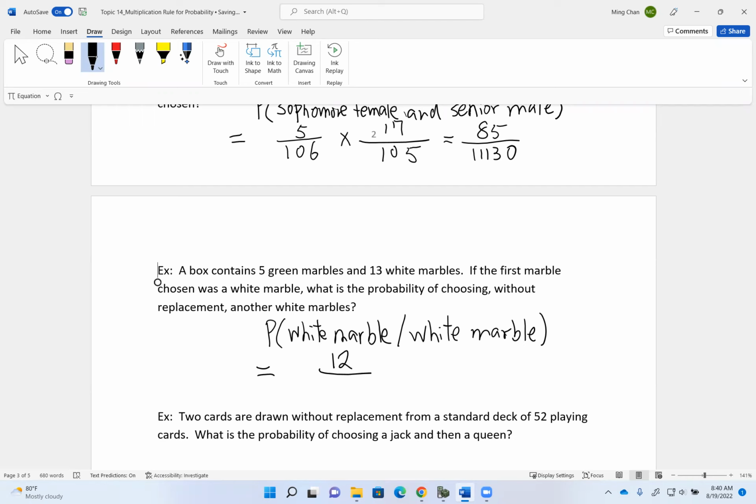The box contains 18 marbles together, right? 5 plus 13 is 18. But without replacement means once I select that first white marble, I'm not putting it back. So when I select a white marble the second time, there should be 17 marbles left in the box. So that's 12 out of 17. That's the probability.